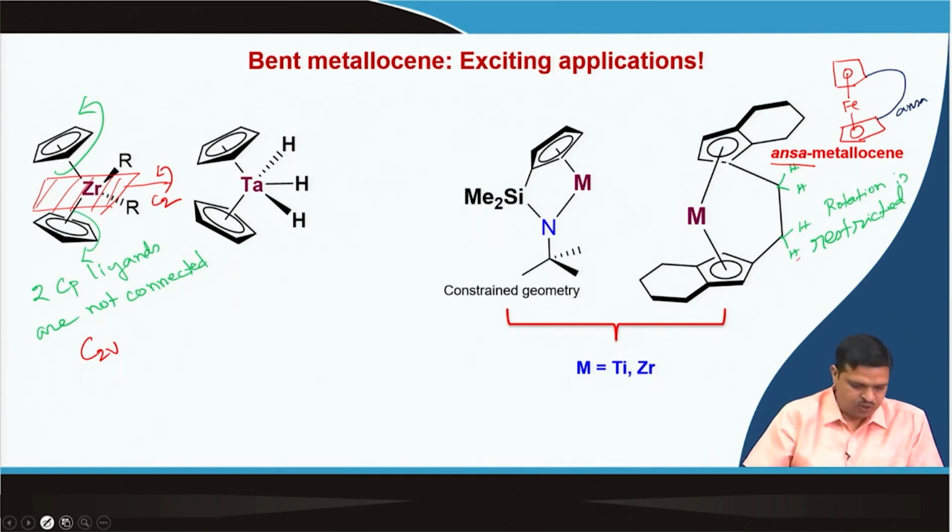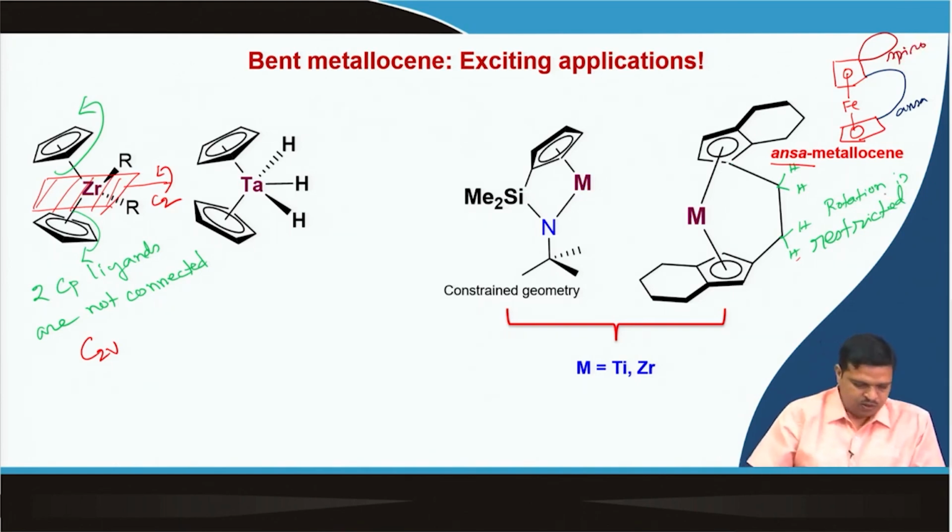So, ring closing into another atom of a different CP. And if you close the ring like here, this will be spiro. So, you understand the difference between spiro and ANSA.